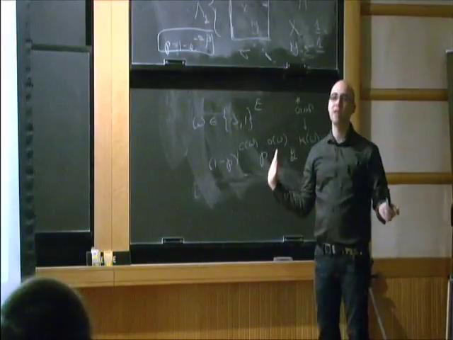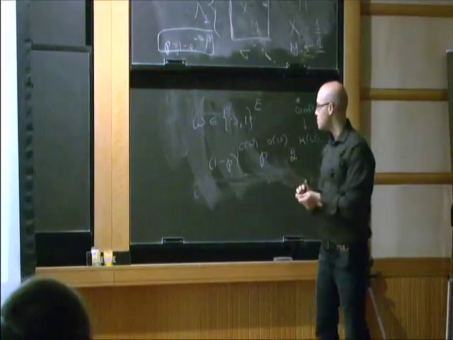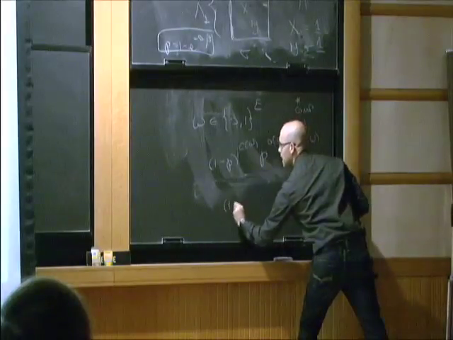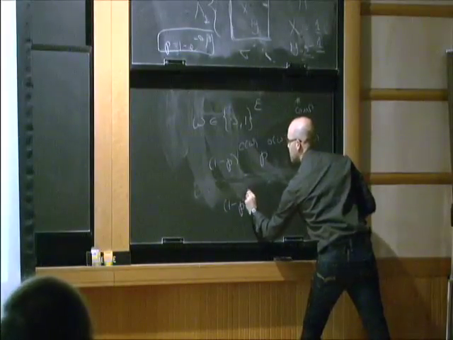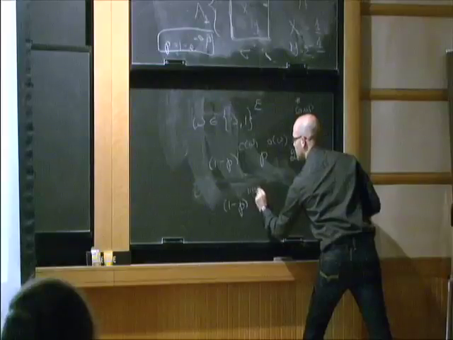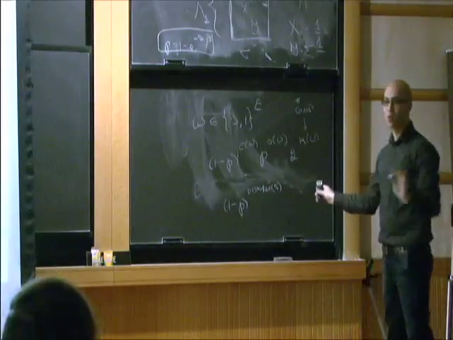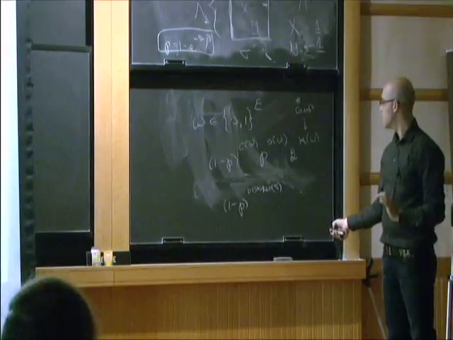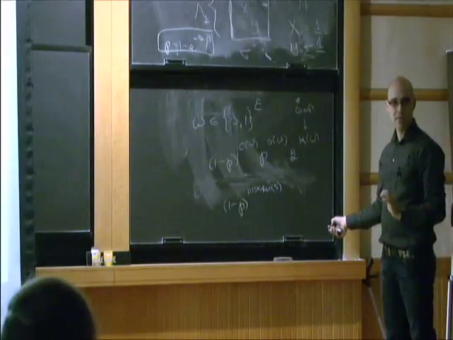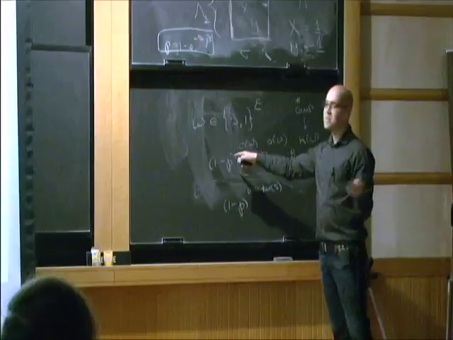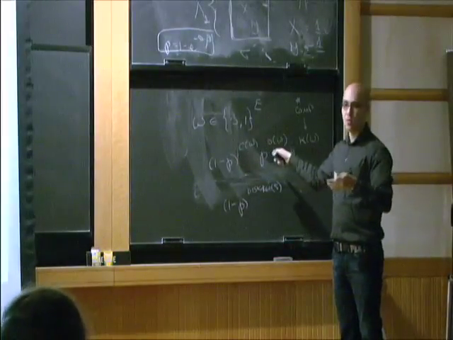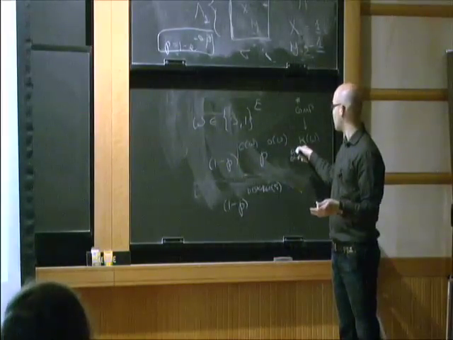So these are forbidden edges. We don't want to touch those. So we have something like (1 minus p) to the number of disagreements of sigma. First of all, we have to omit these edges. As far as the other ones are concerned, we have 1 minus p for each one that's not there, p for each one that's there, times 2 to the number of clusters.